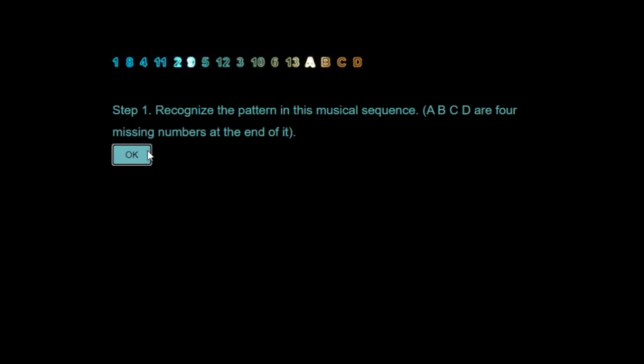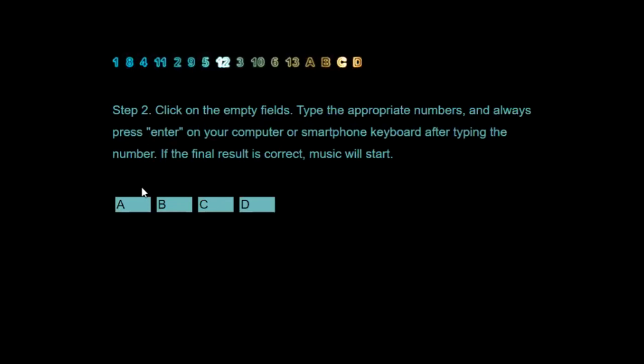So when I click on OK, there will be another instruction saying click on the empty fields, type the appropriate numbers and always press Enter on your keyboard. Okay, so 1, 2, 3, 4, there will be a 4, hit Enter, and the second missing one is 11, if I'm not mistaken.